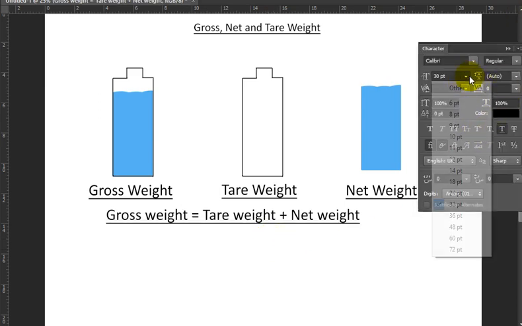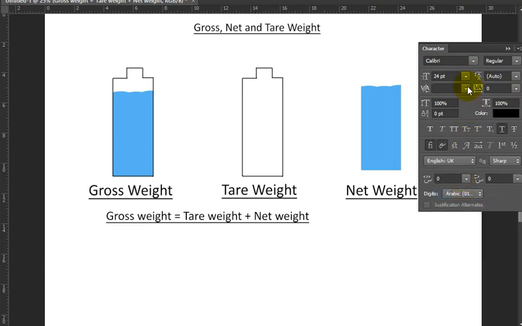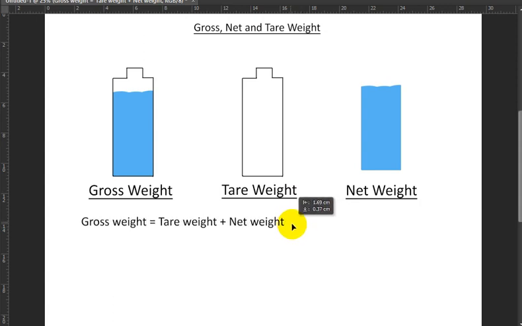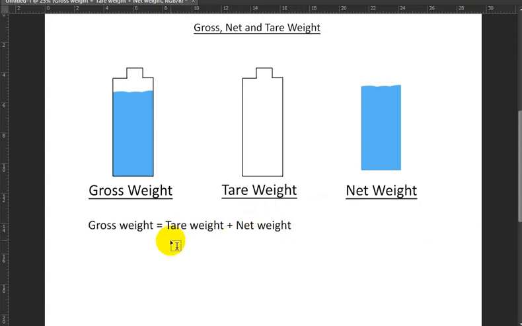Let's make these a little smaller, don't take up so much room. So, if I know how much the bottle weighs and how much the water weighs, I can figure out how much they weigh together. Okay, that makes sense.